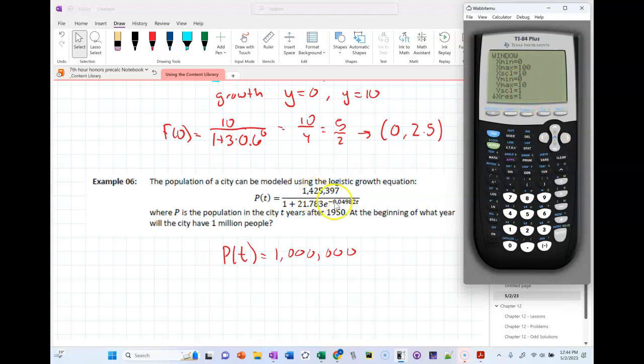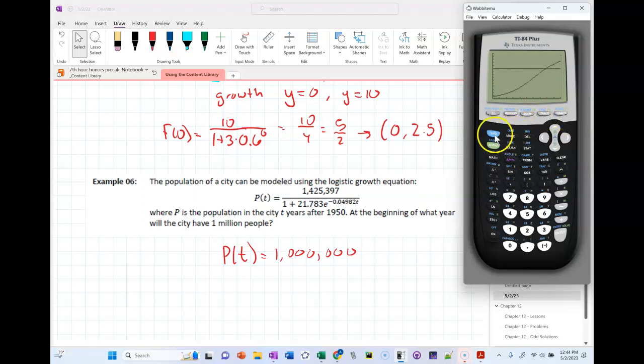The population, or the y, is the population, so the horizontal asymptotes are 0 and 1,425,000, yada, yada, yada. Instead of doing that exactly, I'm just going to do like 1.5 million because it feels less annoying to type into my calculator. Okay, we'll hit graph.